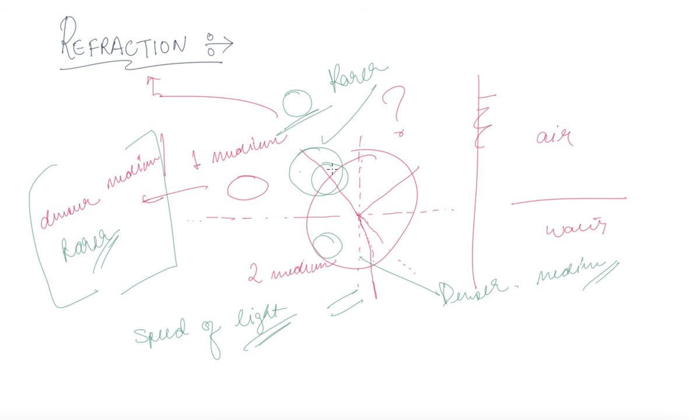Now what we see is that there are two conditions that we can observe. The first condition is if light is coming from a rarer to a denser medium, we see that the angle with respect to the normal decreases.